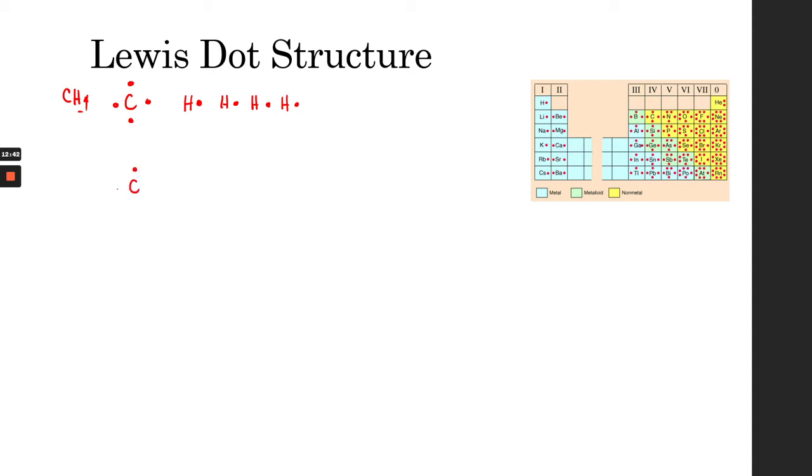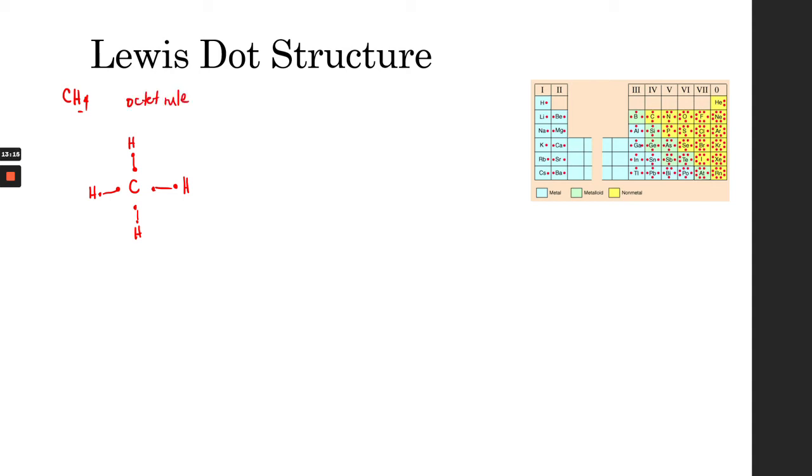So you have 4 here, and then you have the H, 2, 3, 4. And then what you want to do now is connect these dots. And that's basically the structural formula of CH4.